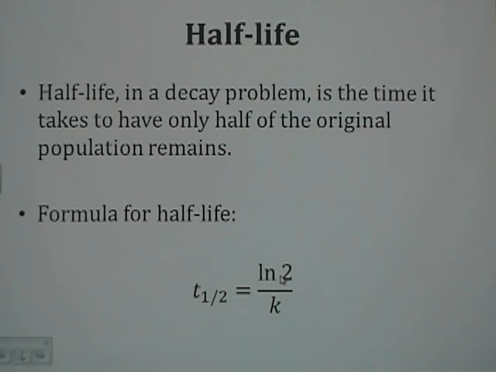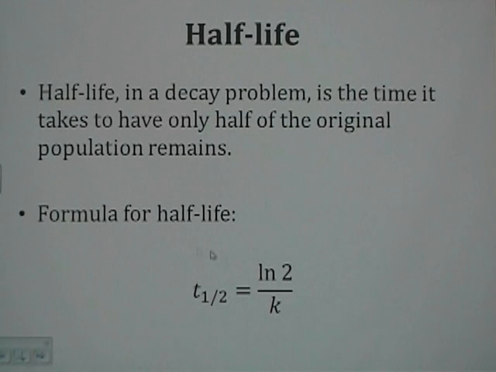Okay, so half-life is always equal to natural log of 2 divided by k. And once again, as a quick explanation, this k right here is our growth rate or decay rate. It's the rate for decay in this particular concept right here.